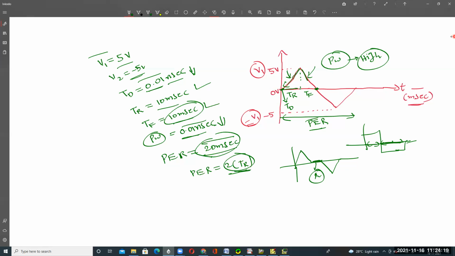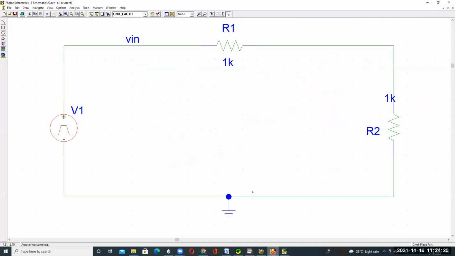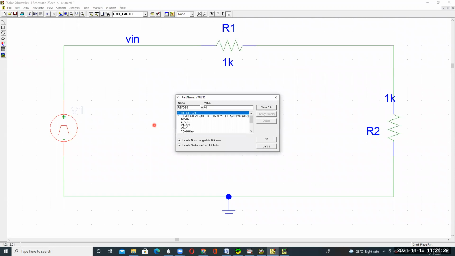So in this way we generate the triangular waveform by using PSpice. Now let's change the values in the circuit. DC is 0, AC is 0, V1 is minus 5, V2 is plus 5, and the delay time is 0.01 nanoseconds.